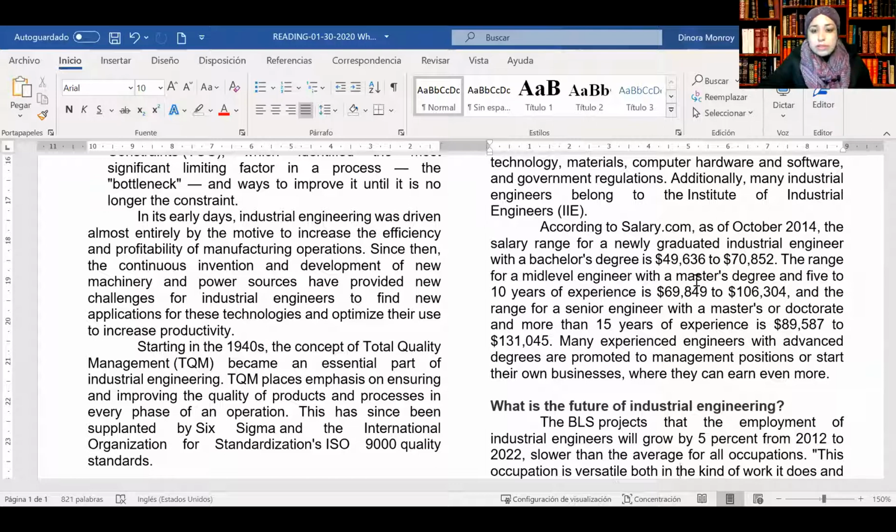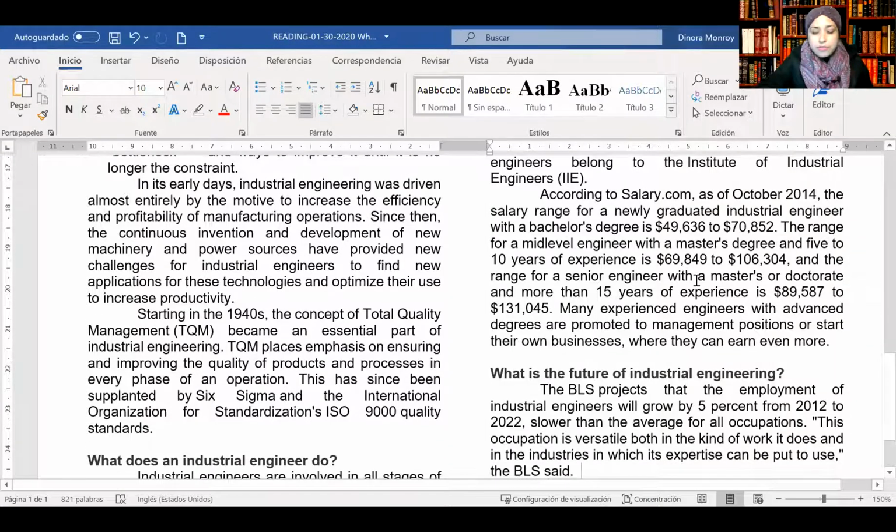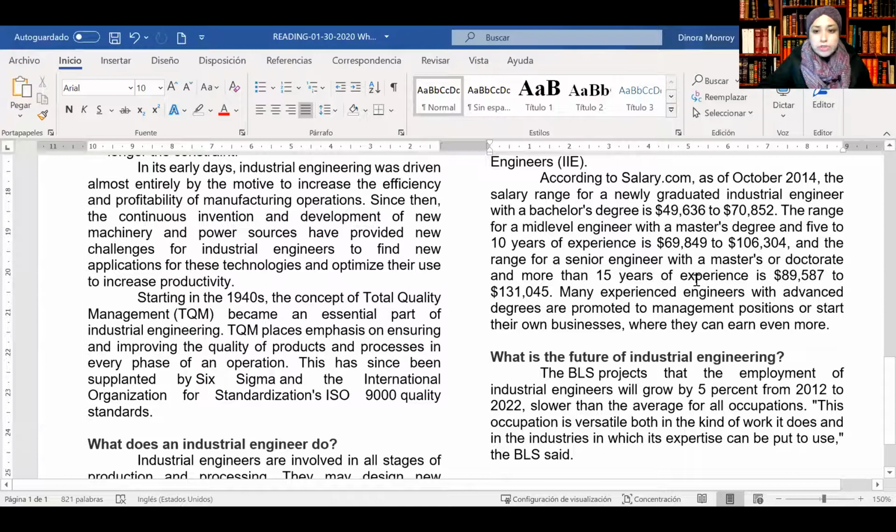The range for a mid-level engineer with a master's degree and 5 to 10 years of experience is $69,849 to $106,304, and the range for a senior engineer with a master's or doctorate and more than 15 years of experience is $89,587 to $131,045. Many experienced engineers with advanced degrees are promoted to management positions or start their own business where they can earn even more. What is the future of industrial engineering?